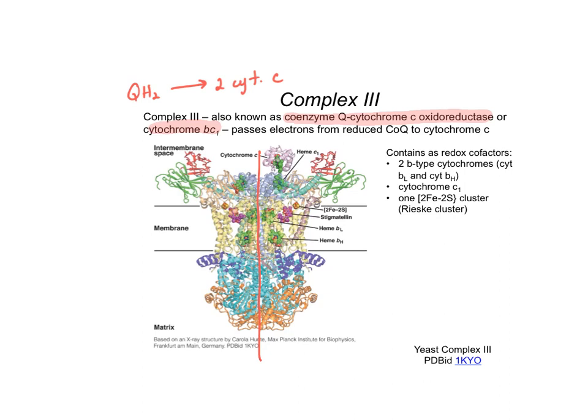complex 3. The first one is going to involve a 2-iron, 2-sulfur cluster. That's going to transfer electrons to what is called heme C1, which is going to directly transfer electrons to our soluble cytochrome C. The other path is going to go the opposite way. We're going to take an electron from quinol, and it's going to be transferred to a cytochrome Bl, which is then going to be transferred to a cytochrome Bh.